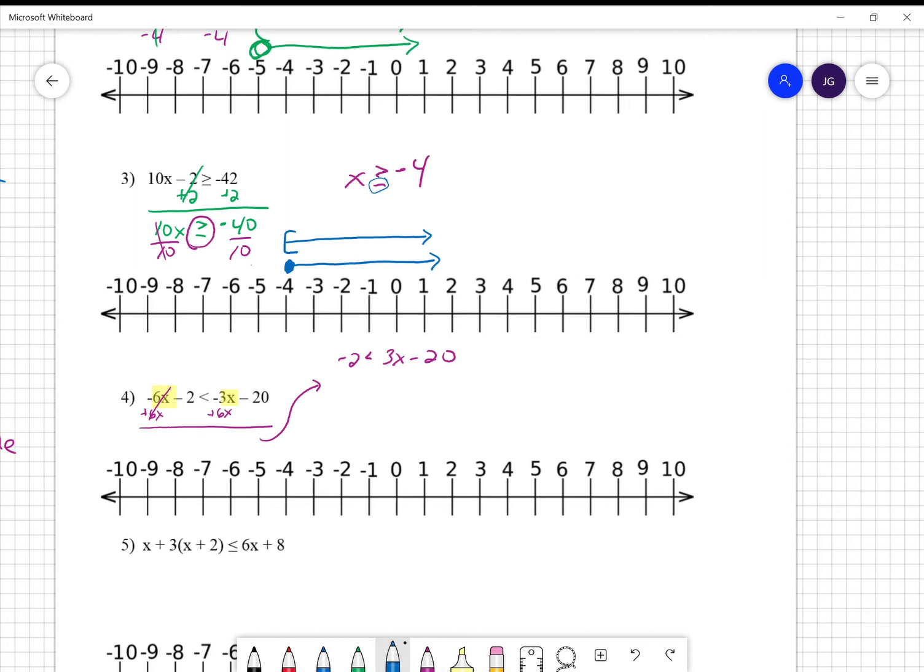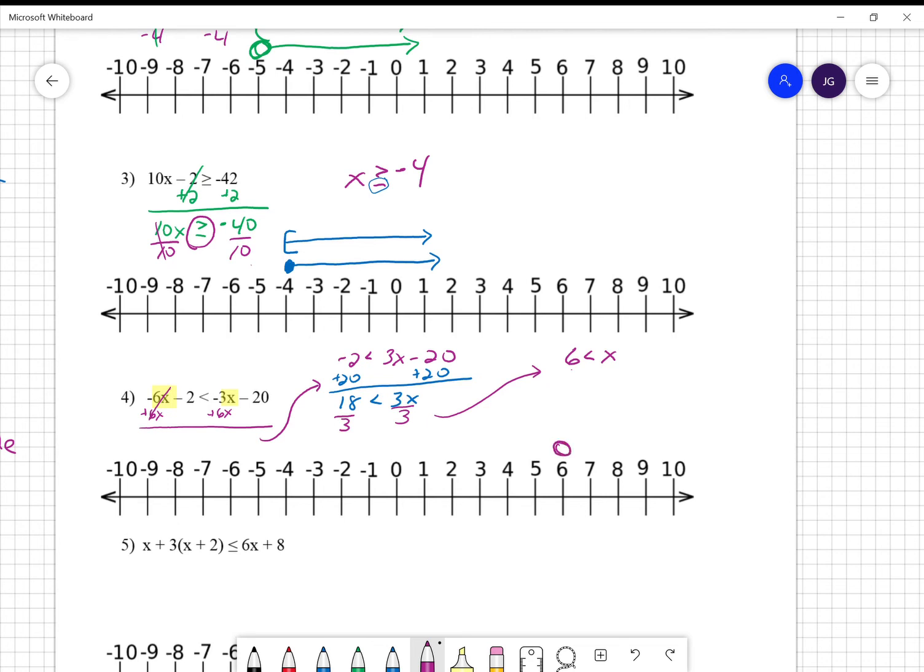Add 20 to both sides. 18 is less than 3x. Divide both sides by 3. I get 6 is less than x. So I know my endpoint is at 6 and it's an open circle.